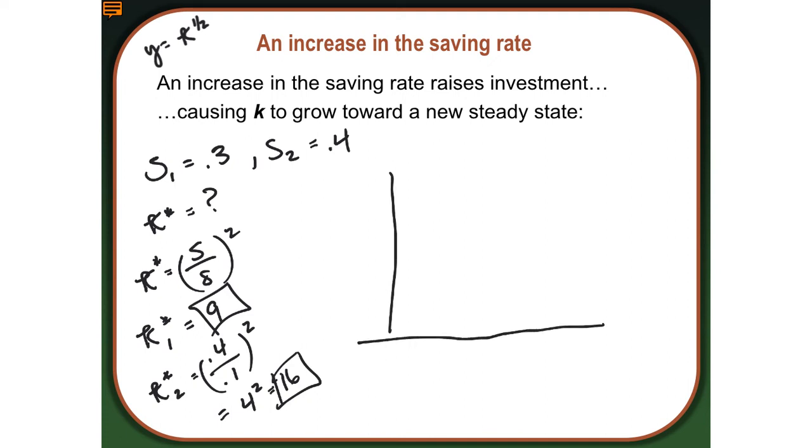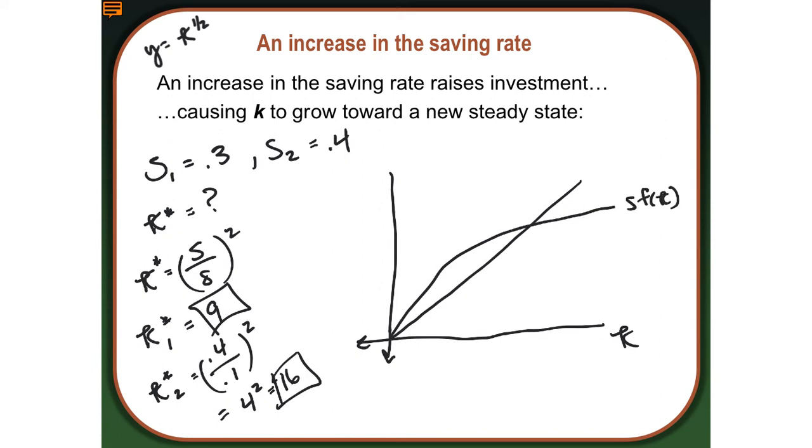Again, let's go back to the diagram real quickly here. Should be able to draw this thing out pretty quickly now. So this is S times F of K. This is delta K, so we have our depreciation function and our investment function.